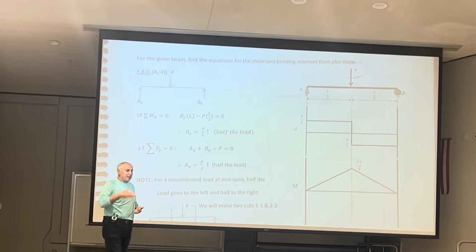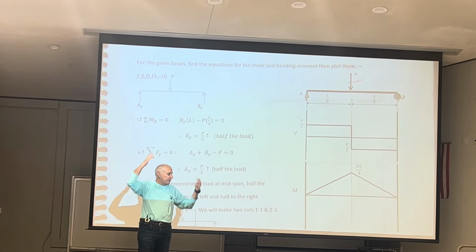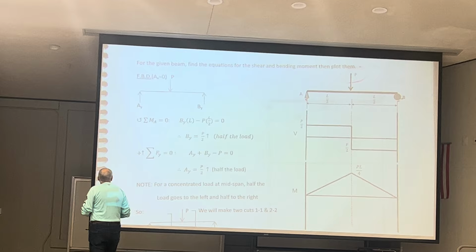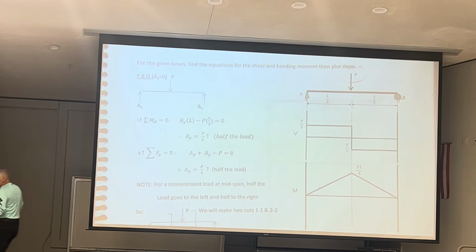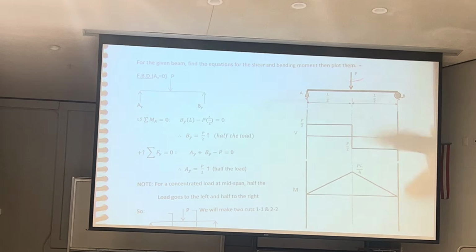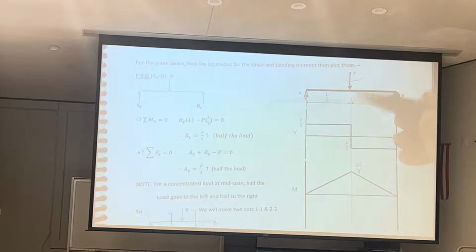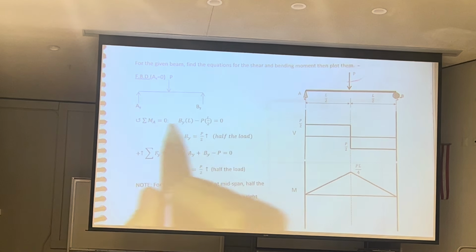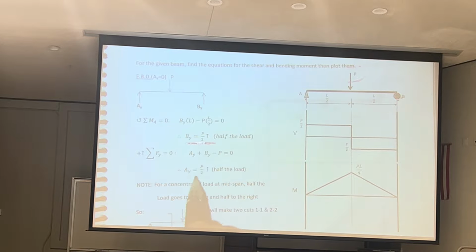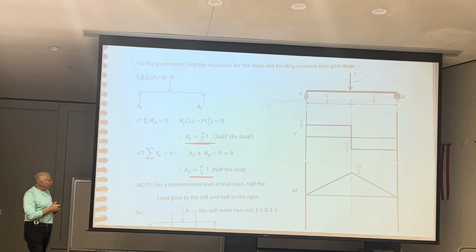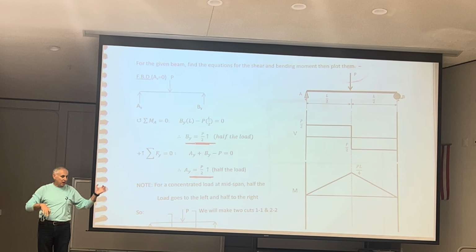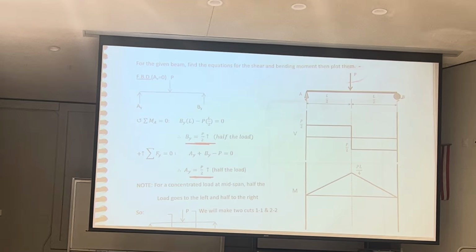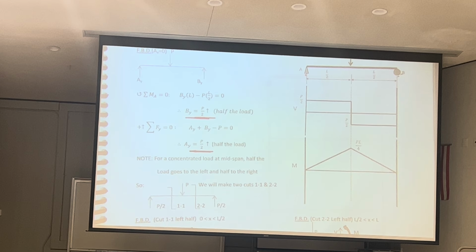So wherever P is, you can put 100, 200, 300, 1,000, whatever. Well, when I draw the free body diagram to find the support reactions, this P sits smack dab in the middle. So half the load's going to the left and half of it's going to the right. As you can see, that's exactly what ends up happening. AY is P over 2, BY is P over 2, half the load goes to the left, half the load goes to the right because the load is sitting smack dab in the middle.